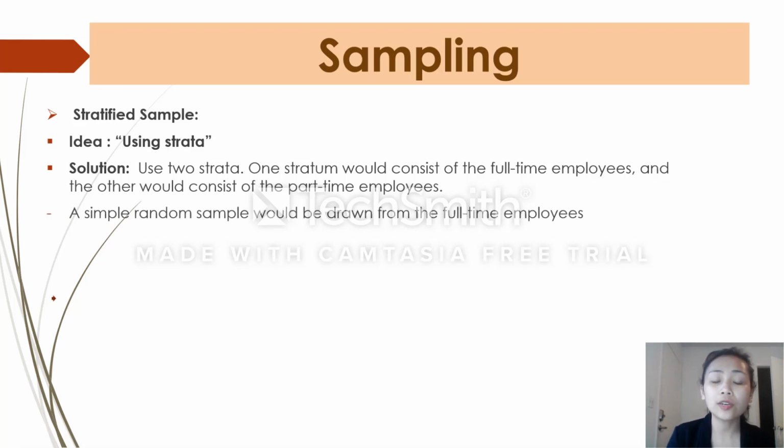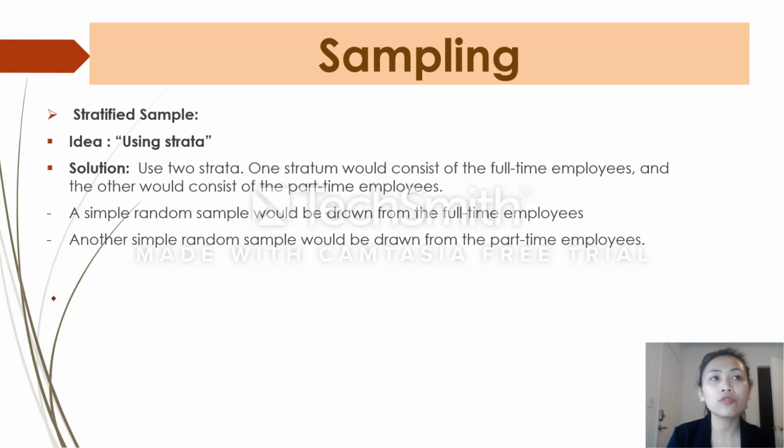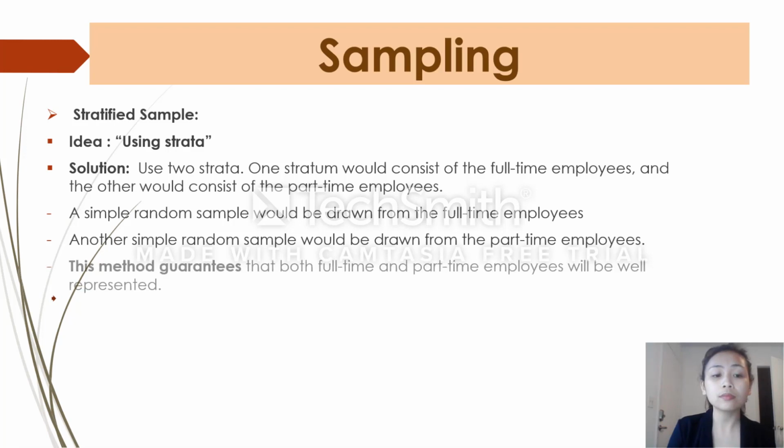So in this case, for each stratum, each group, we are going to draw a simple random sample. So here we are going to draw a sample of 25 people who work part-time and 25 people who work full-time randomly, and then put them together to make up a sample of 50 employees. So that's how a stratified sample works.